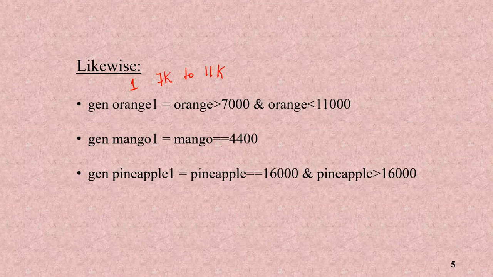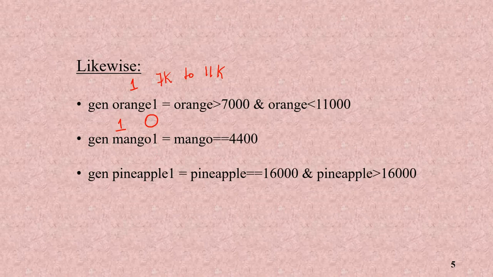Now when we need to put exact equal to a particular value, here in condition we need to use two equal signs, twice. So we put twice equal sign and then 4,400. And if we click enter, it will automatically create a binary variable mango1, where 1 stands for mango cultivation area is exactly equal to 4,400 hectare, and it will take 0 otherwise.